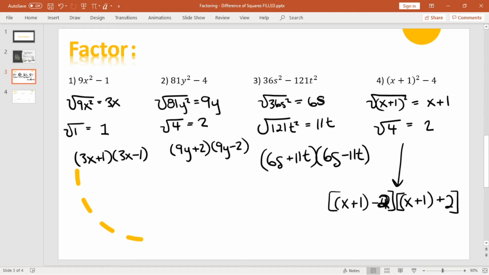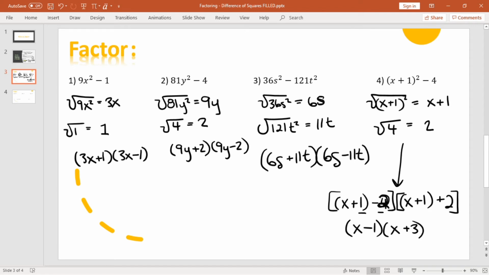And this one you can actually drop the brackets and change this completely, which is kind of a mind-blowing thing. But it could look like x minus 1, because positive 1 minus 2, and x plus 3.